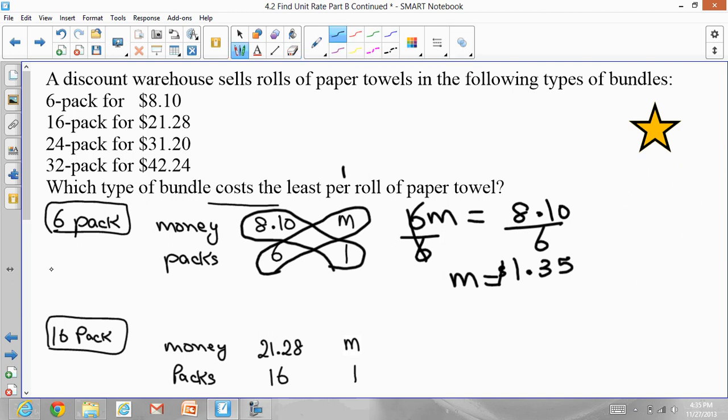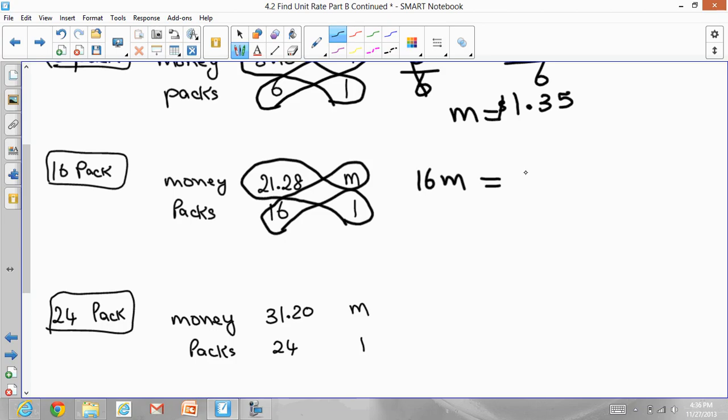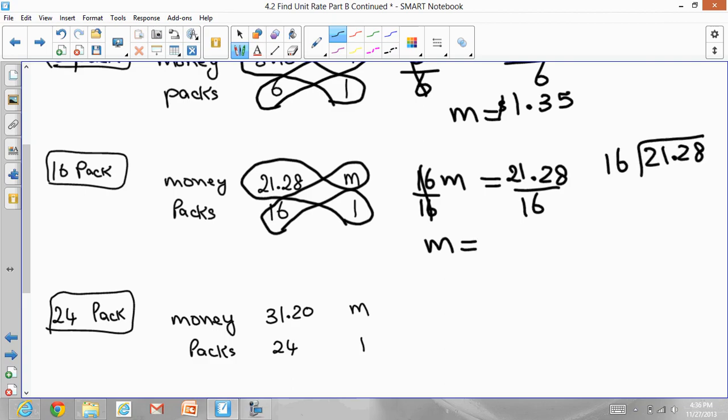Now let's go for the 16-pack. Once again, the same thing. So this will be 16m, and this will be 1 times 21.28, which is 21.28. So divide by 16, cancel, m equals 21.28 divided by 16.